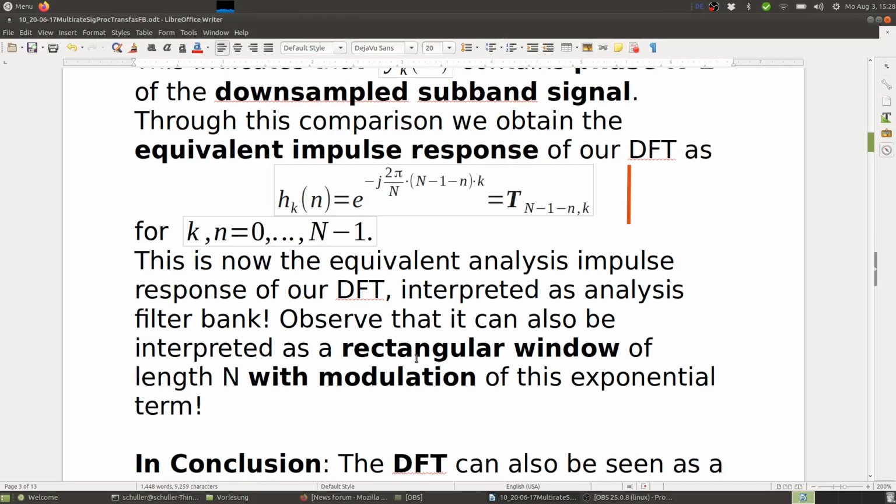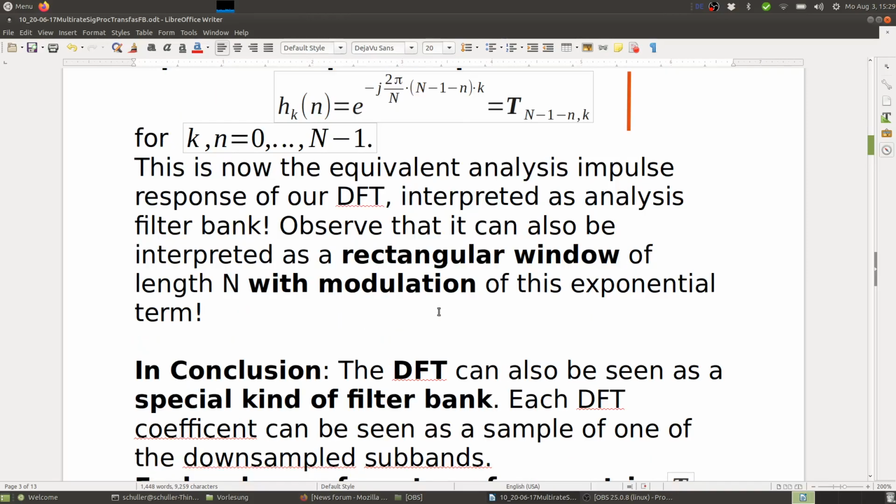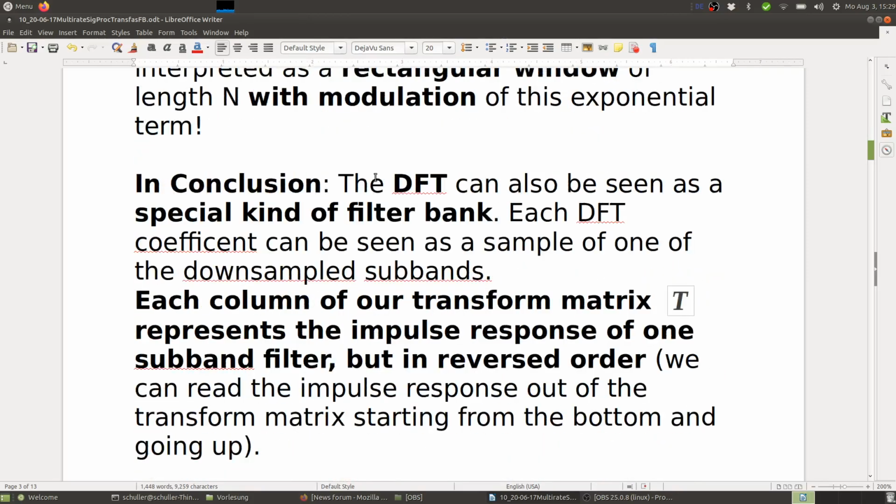That also shows you how you can compute the frequency response. You have the rectangular window, you compute its frequency response, then you have the result for k equals 0, and then for the higher k you just have the frequency shifted version of it. So quite convenient. In conclusion, the DFT can also be seen as a special kind of filter bank.